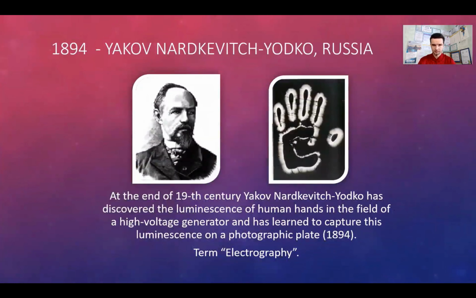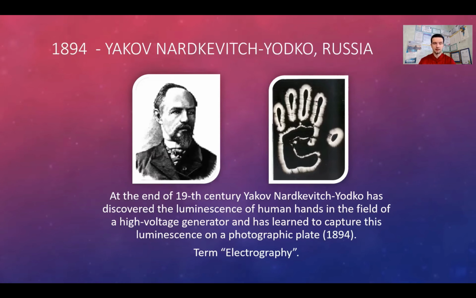So, at the edge of the next century, Yakov Narkevich-Iodko of Russia also made experiments with a high voltage generator, and he didn't simply watch this luminescence or glow that George Lichtenberg and Nikola Tesla had seen, but he learned how to capture this luminescence, this glow, on a photographic plate.